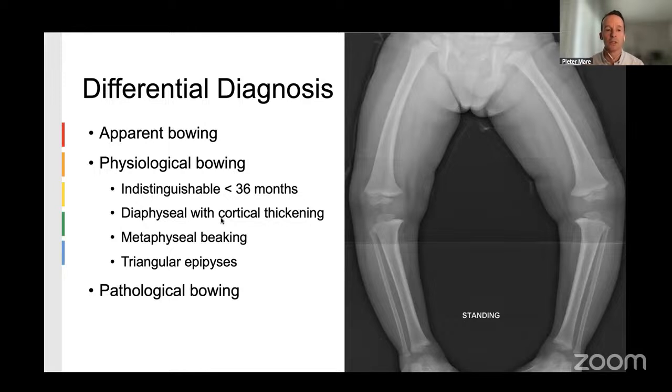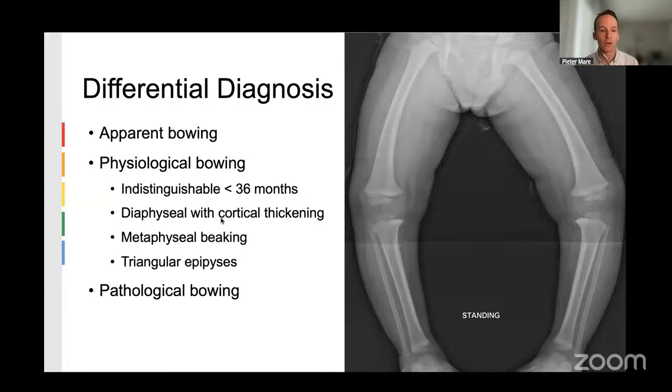The radiological characteristics of physiological bowing are diaphyseal cortical thickening of both the femur and the tibia, together with distal femur and proximal tibial metaphyseal beaking, and triangular epiphyseal ossification centers of the distal femur and the proximal tibia. And that's a very classic example that you see in the x-ray there. And this child went on to completely remodel with a normal mechanical axis without any intervention.